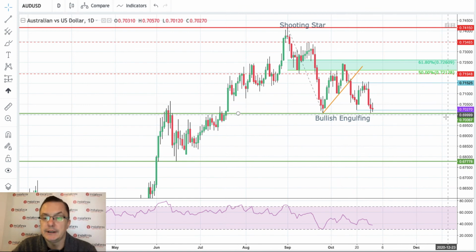So please keep an eye on the 0.7000 level, because this might be the key move for the Aussie for the next days, or even weeks.